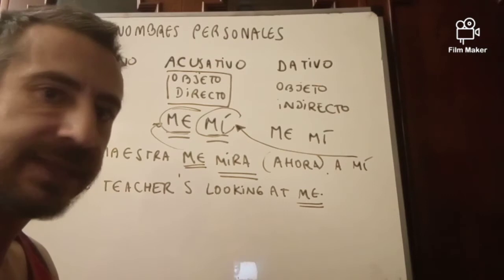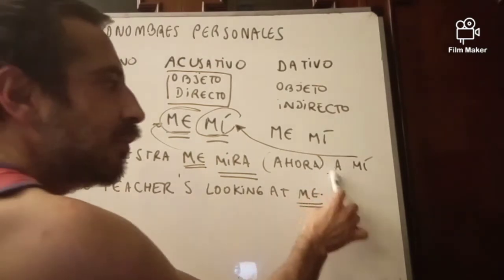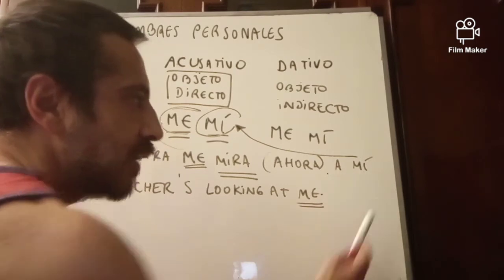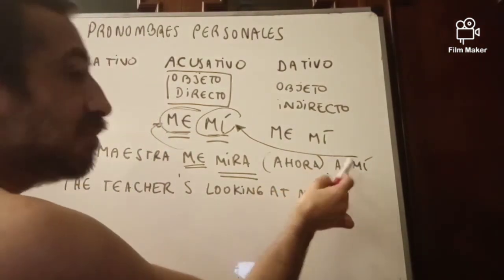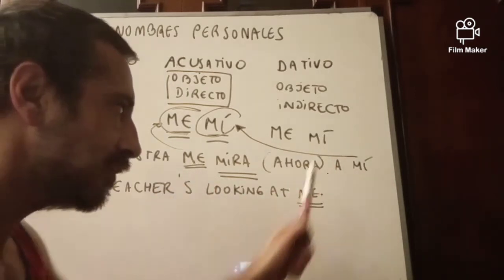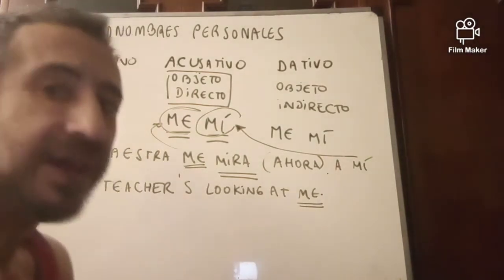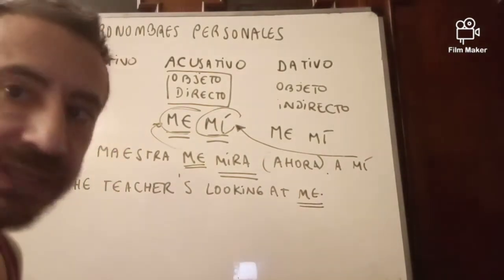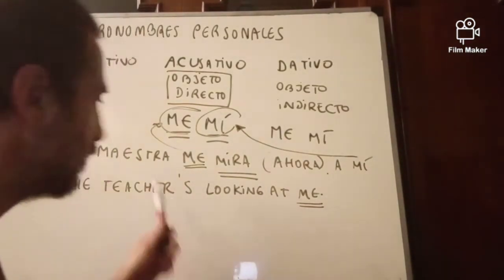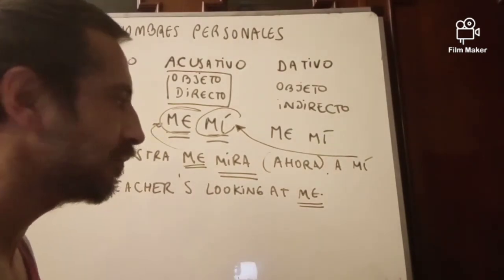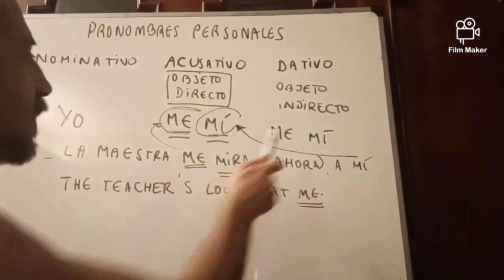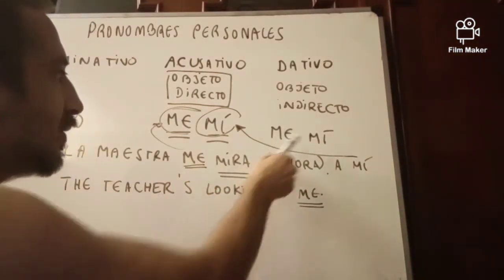The difference is that if we have a preposition before the object pronoun, we have to say it mí instead of me. This duplication is very, very common. We use it all the time. But in English, you don't double the pronoun. The teacher's looking at me. At me. No, you don't say it like that. The same happens here with the indirect object.